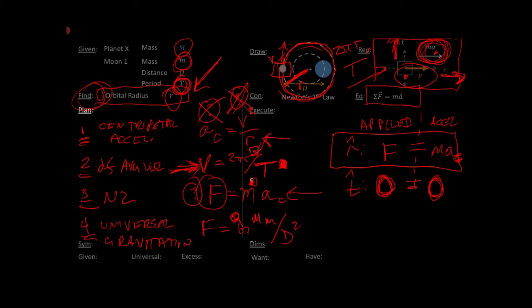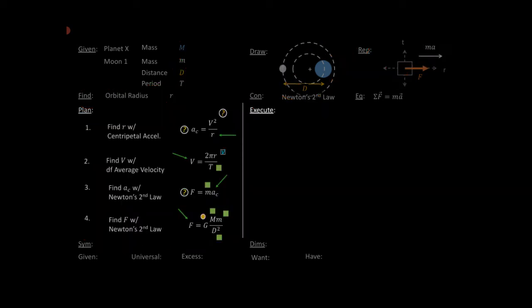We can always assume the gravitational constant. M and M, we're given them both up here, so they get little squares. And D, we're given here. And that gets an arrow at it. That crosses out that question mark. So there are no more question marks, which means we're done. We've got our plan. All right, this is universal gravitation.